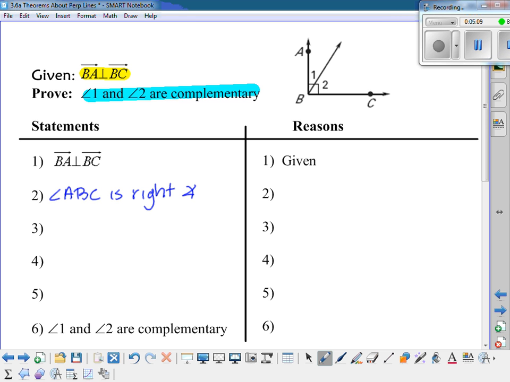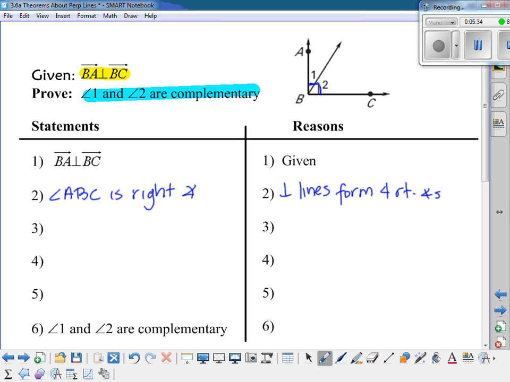And that's just either the definition of perpendicular lines or perpendicular lines form four right angles. Since we only have one right angle, we can use the definition there if you want to as well. And you could also say given in the figure, since they have the right angle mark there.